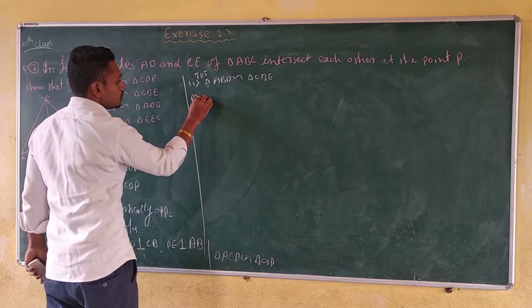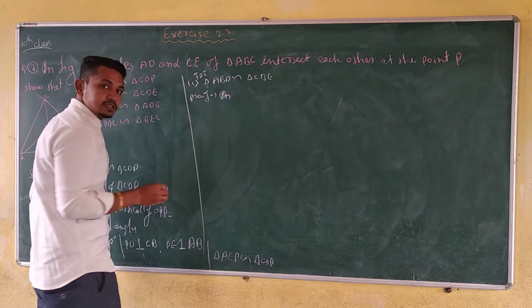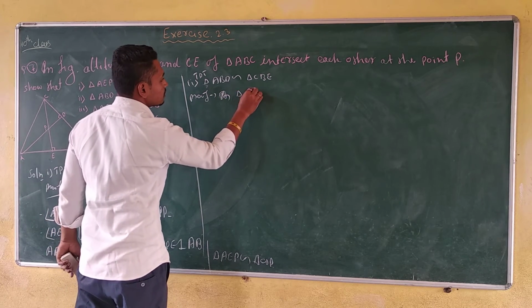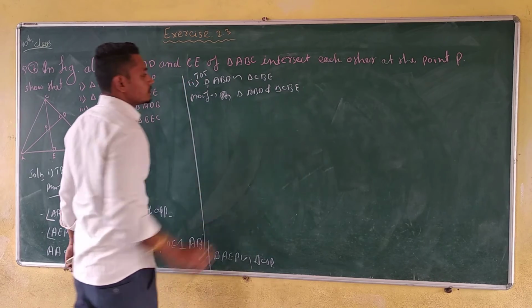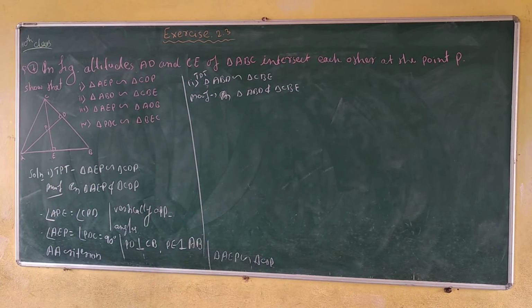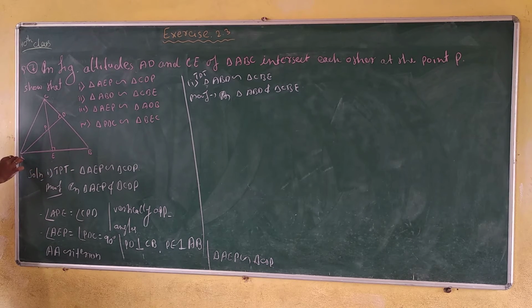Now here, write the proof. In triangle ABD and triangle CBE, see here, A, B, D and C, B, E. Okay, this is one angle, this is second, and this is third.